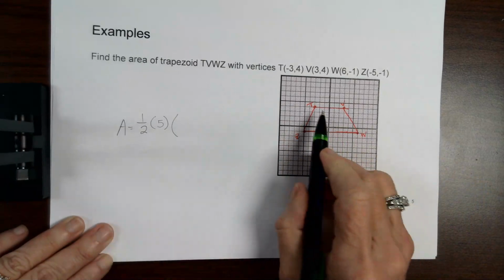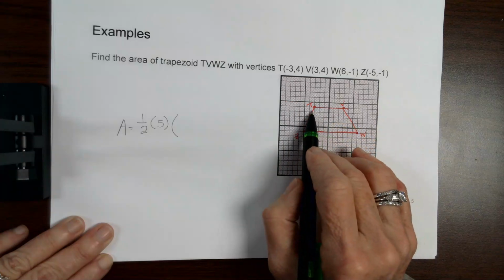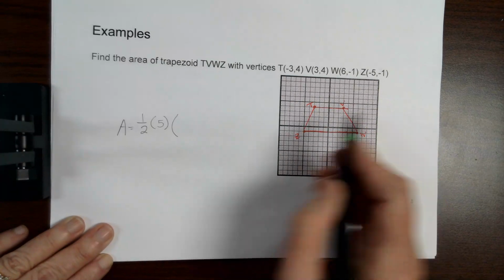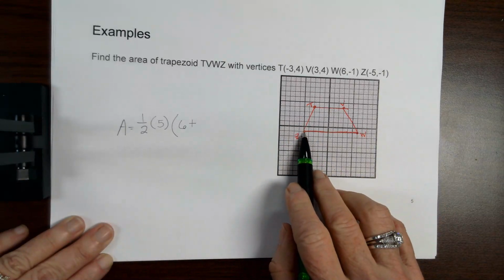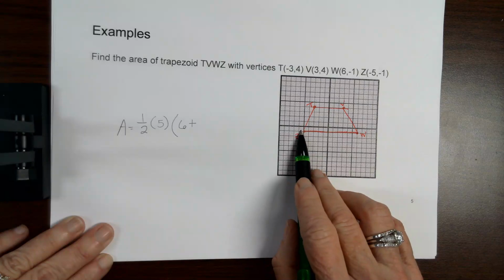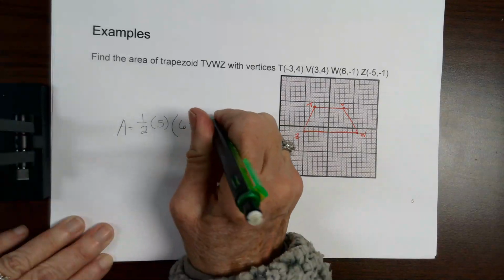Then I have from t, which is -3, the x value, -3 to +3, so that's going to be 6 units. And then I have from z, which is a -5, to +6, which is 11 units.